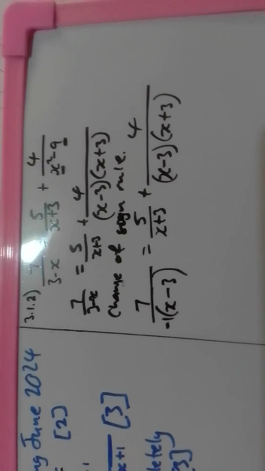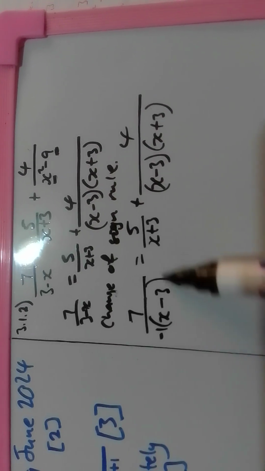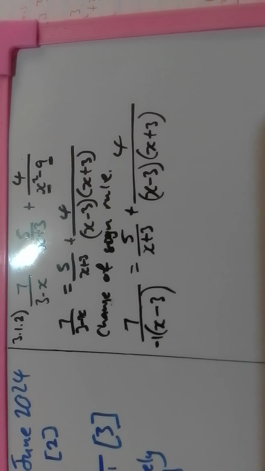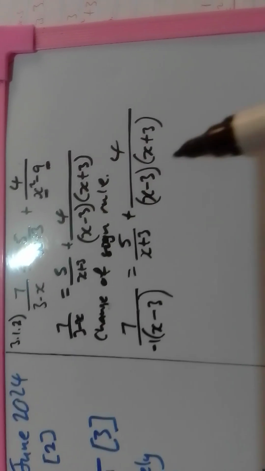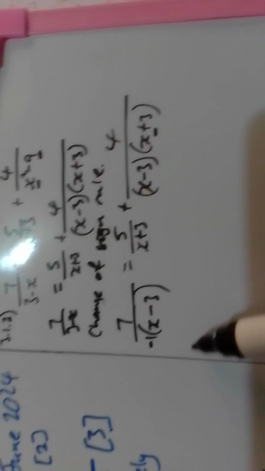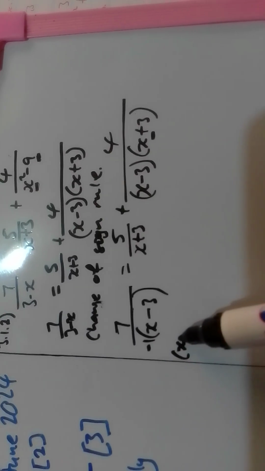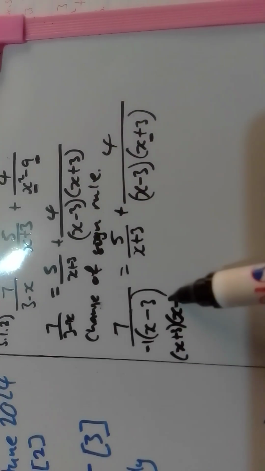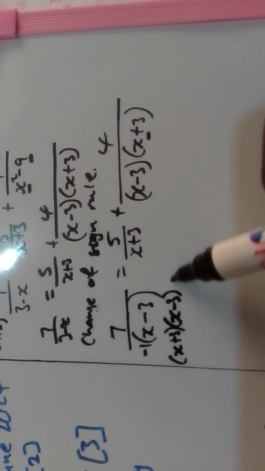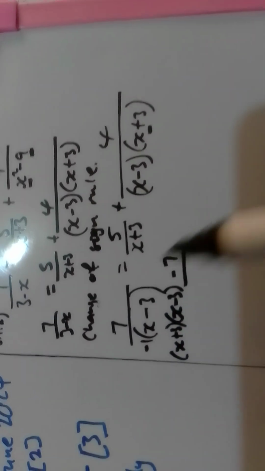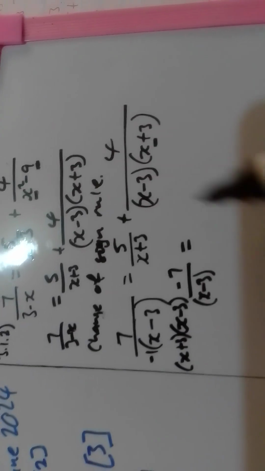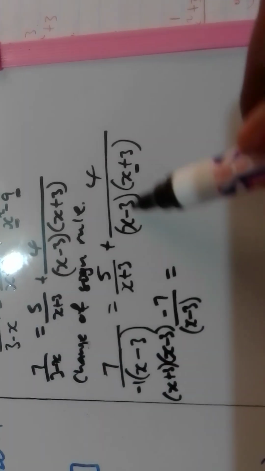Okay, now at this stage we can dissolve the denominators. How do we dissolve? Observe, we are now looking for what we call a common denominator, right? We've got x minus 3 and x plus 3. Here we've got x minus 3, but we don't have this x plus 3. So we are going to multiply by, open bracket, x plus 3 and x minus 3. And here the 7, like I said, it's now a negative 7. So we've got negative 7 all over x minus 3, which is our denominator, is equal to, here we've got x plus 3, but what we do not have is x minus 3.